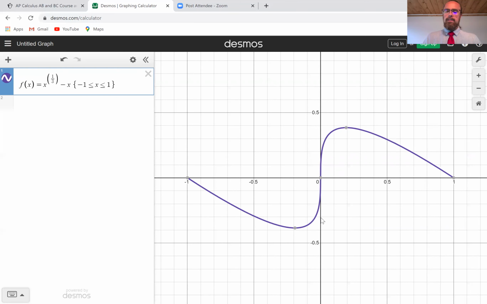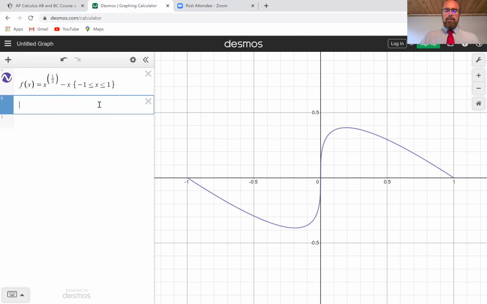If I investigate the center of this graph, where the graph passes through the origin, the derivative for the function right here is going to be a perfectly vertical line. And so what we would say is that the slope of the tangent line at 0 for this function is infinite.